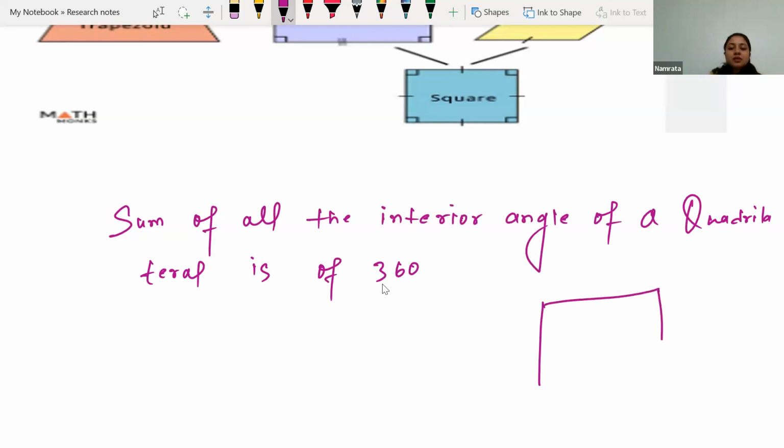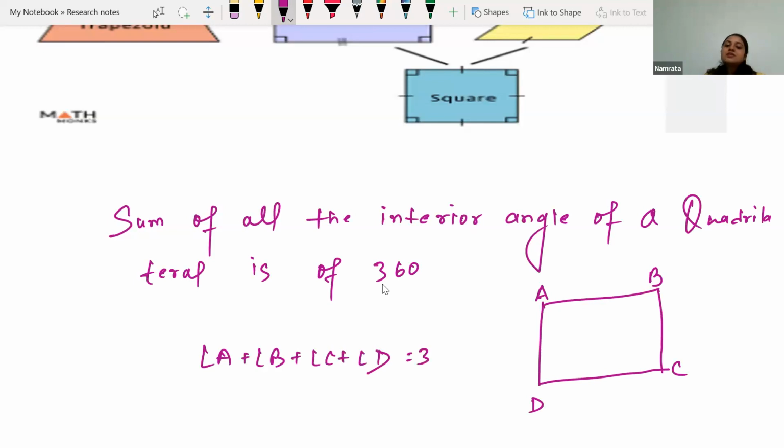If we have a four-sided polygon named ABCD, then the sum of angle A, angle B, angle C, and angle D is 360 degrees.